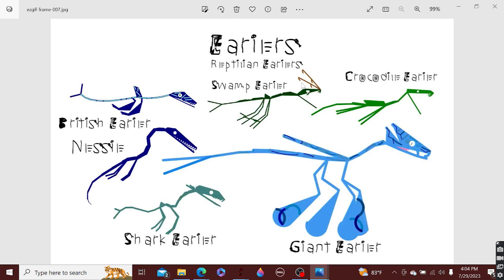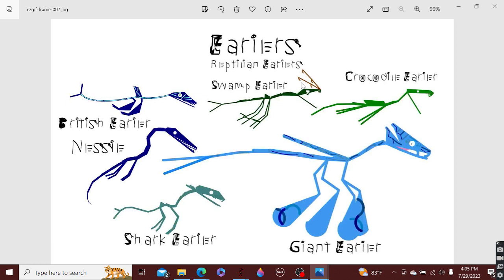Yeah. Now, interestingly, heading to the Neocene's oceans, we have one of the saltwater type species of Eariers, the shark Earier, which doesn't even remotely look like a shark. More bird than shark. Yeah.